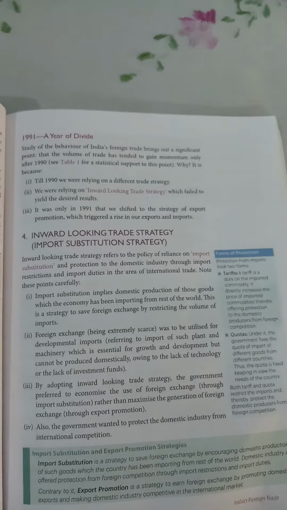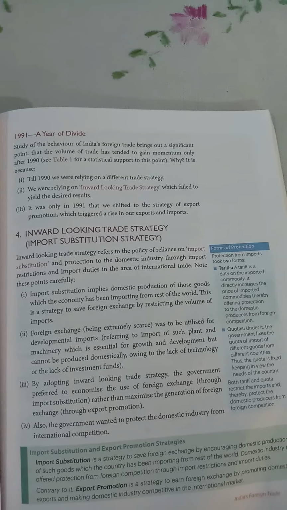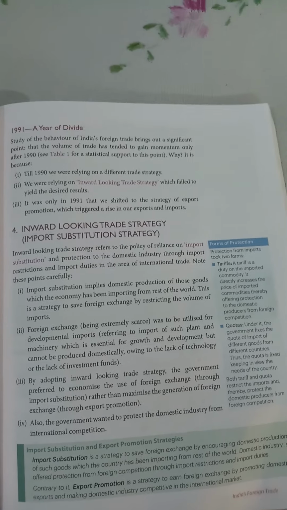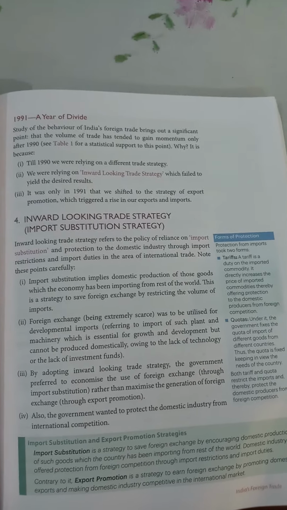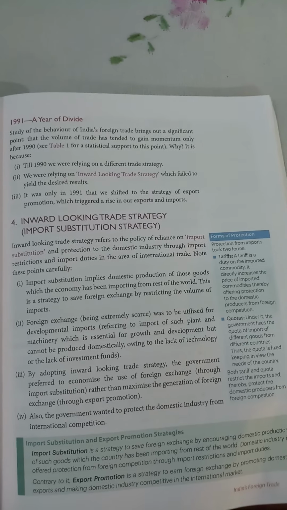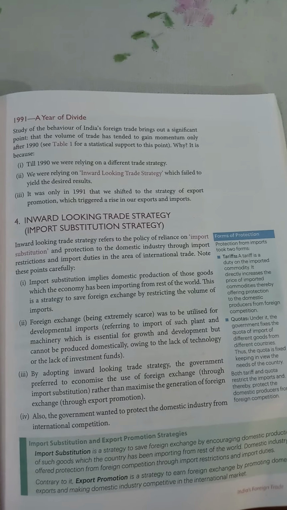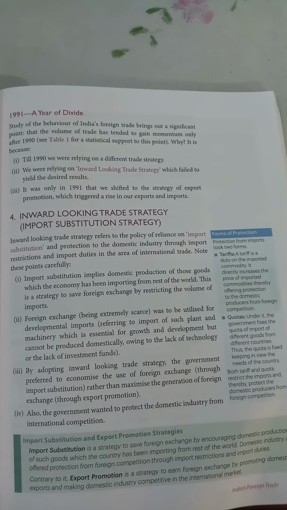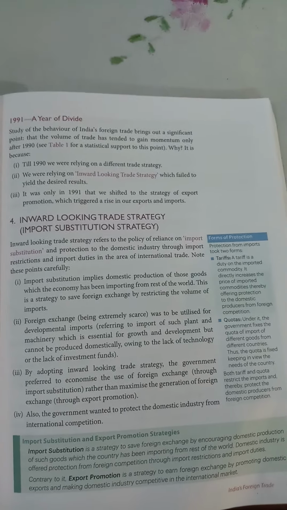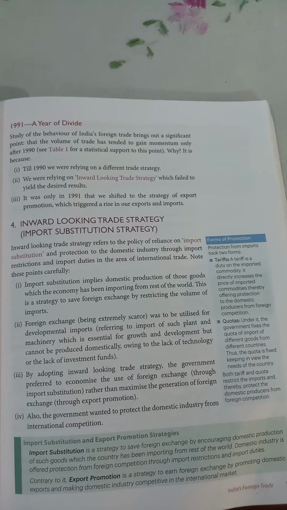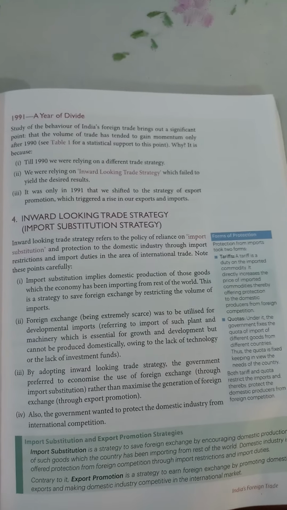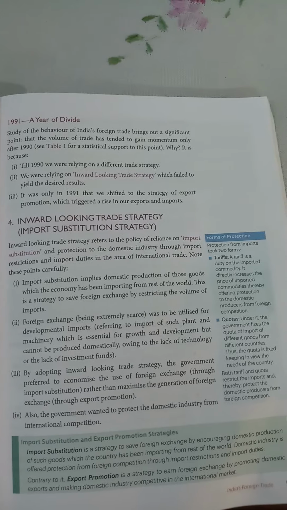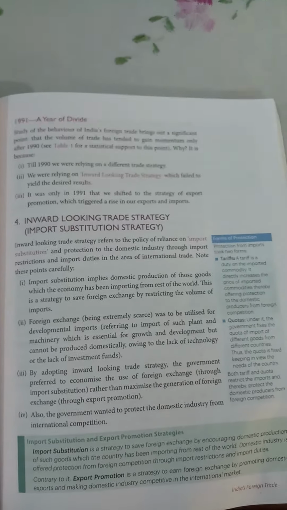Now, let's first try to understand the import substitution strategy, which was being followed by our country before 91. This strategy says that we should protect our domestic industry from abroad countries' industries through some import restrictions and duties.